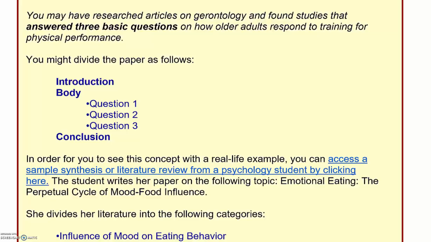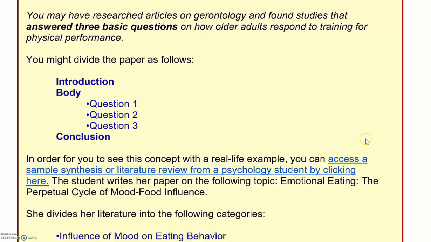And again, you could have subsections that speak to different aspects of the 3 major questions that you uncovered through your research. And your goal is to show how the research engages these questions, what they have answered about these questions, and maybe what they haven't answered about these questions too, because in a literature review, you're also thinking about the gaps in the research as well.